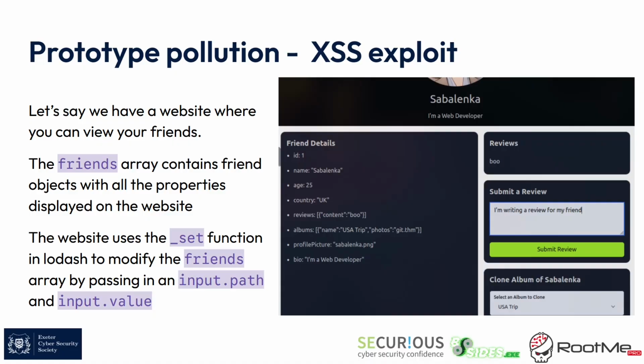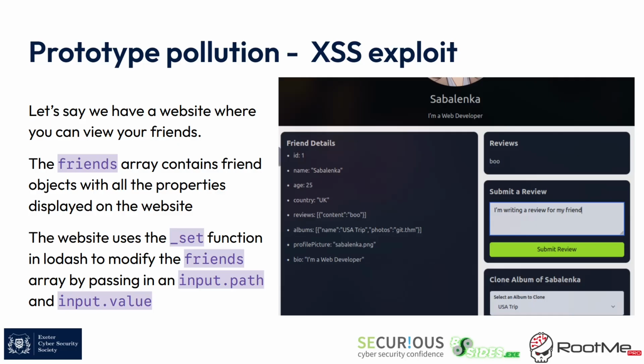So this is what it looks like on the website. What you can see here is that I'm looking at a friend and her name is Sabalenka, and on TryHackMe, this looks more like a debug view where you can actually see all of the properties in the friend object in the friends array. But there are a few functions on the website which I can use.